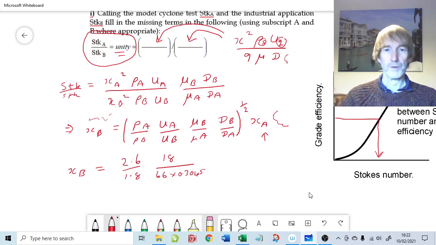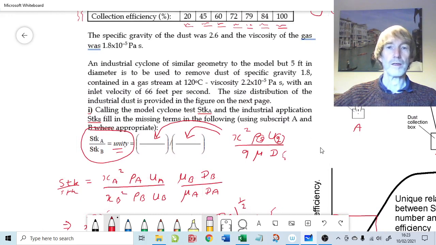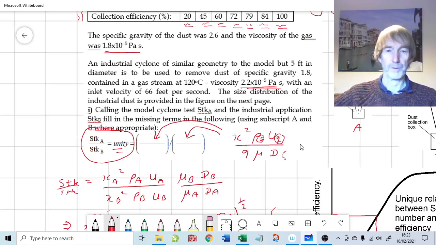Then we've got the viscosity ratio, which is going to be viscosity of system B, which is 2.2 times 10 to the minus 5 just here, because we're up at a temperature of 120 degrees, whereas the model cyclone was operating at atmospheric conditions of 1.8 times 10 to the minus 5 Pascal seconds.